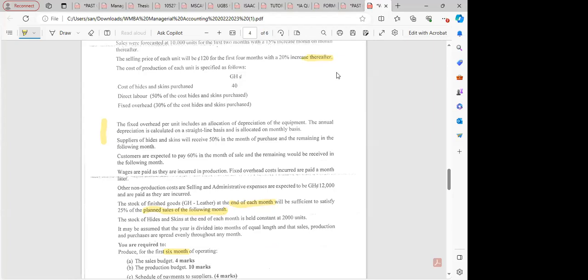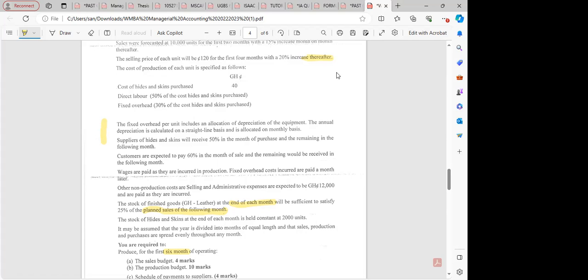Let's go back to the question. After the stock of finished goods, the next line says the stock of hides and skins at the end of each month is held constant at 2,000 units. So when we hear of hides and skins, that is the input, the raw material, right? Anytime we hold raw material constant, it restricts us from preparing a raw material budget. Having gone through all your past questions, they have always held raw material constant, so we don't prepare a budget for raw material. But in any case where they did not hold that constant, then there should be a raw material budget.